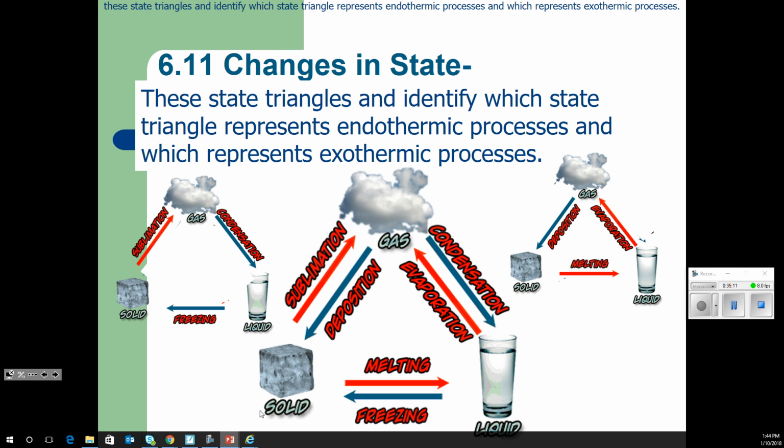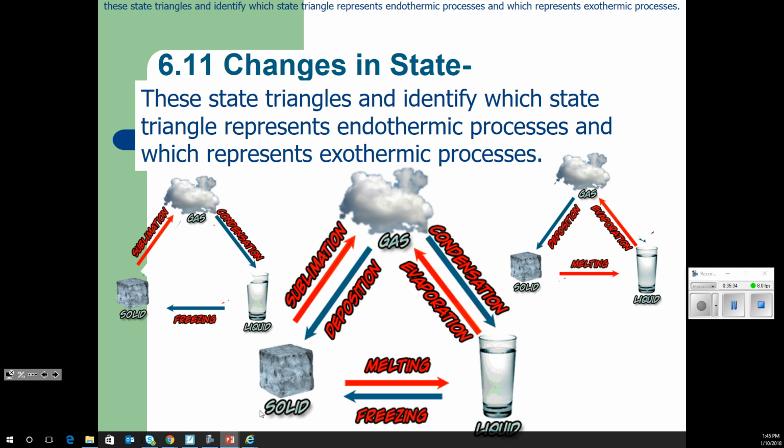It goes directly from a gas to a solid. When we have dry ice and we put it out on the counter, there's no puddle left. It just quickly evaporates off. Okay, so it doesn't go through that liquid stage. In order to get liquid CO2, I've got to have it under a lot of pressure to do that. So we need to know this triangle pretty good and know how putting in heat or taking out heat affects this.